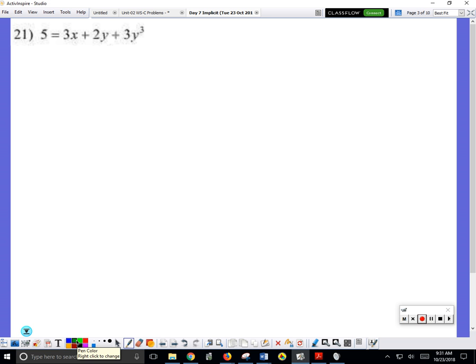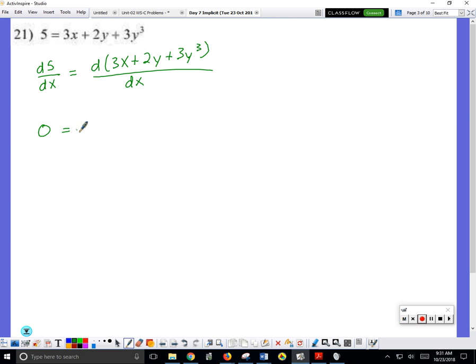You take the derivative of both sides. You use the exact same rules you've been using. So there's nothing new so far.